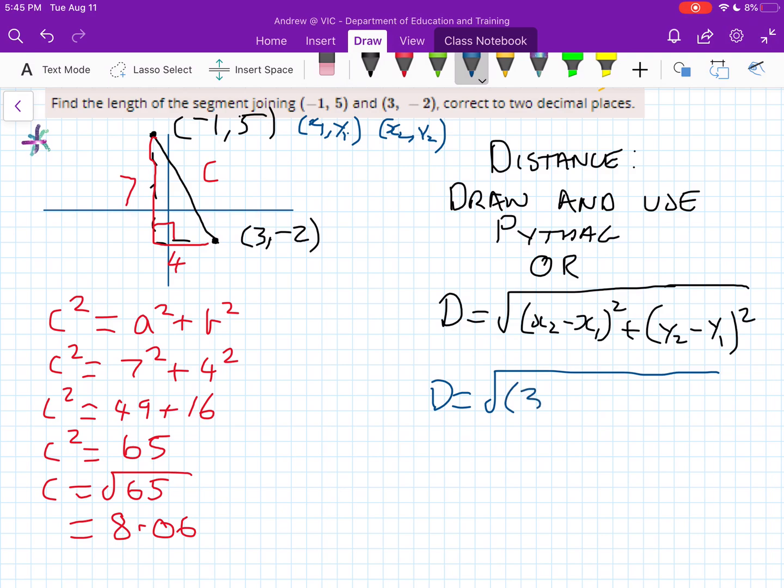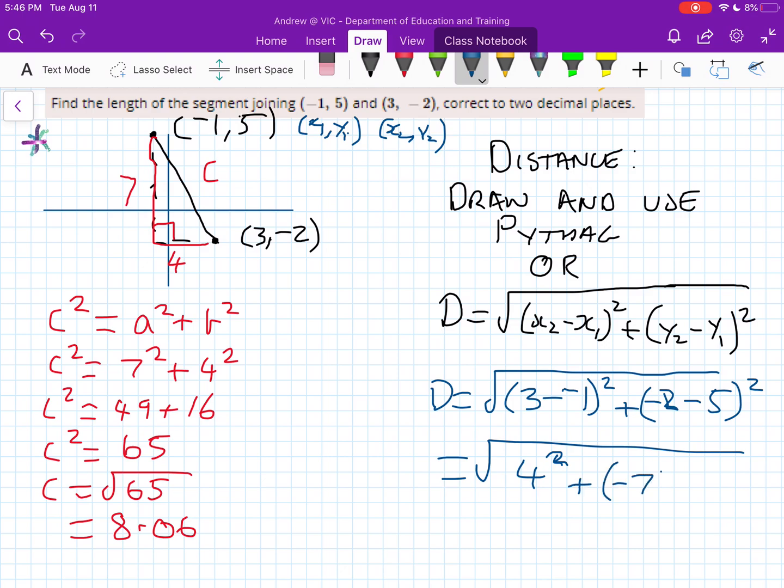So we've got 3 minus -1, squared, plus y2, that's -2, -2 minus 5, squared, and you'll see here how it ends up being pretty much exactly the same, which leaves us with 4 squared, because 3 minus -1 is 3 plus 1, and then plus -7 squared.